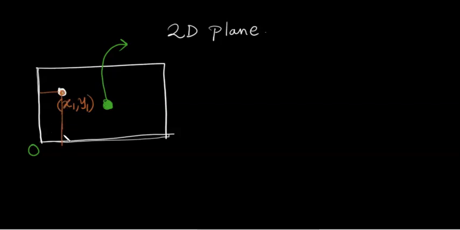The vertical length is y1 and the horizontal length is x1 from the left end. Then its coordinate is (x1, y1). This information of x1 and y1 is enough to find the location of that billiard ball.